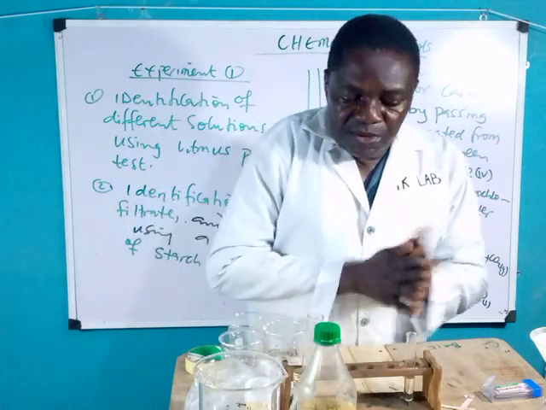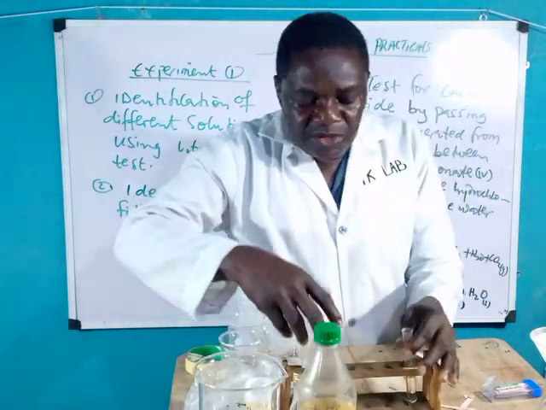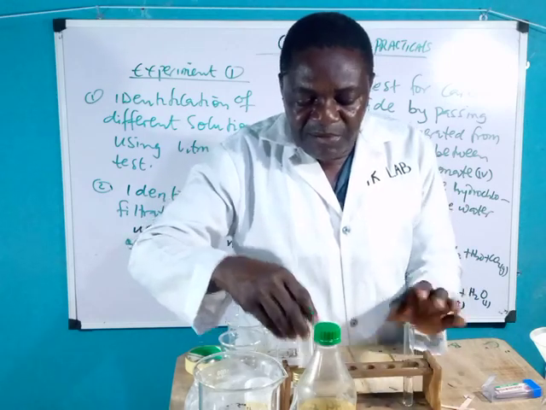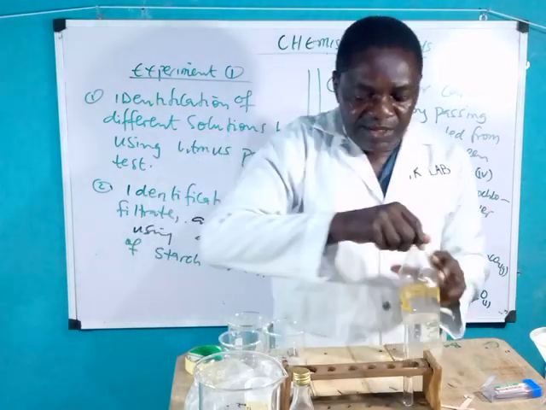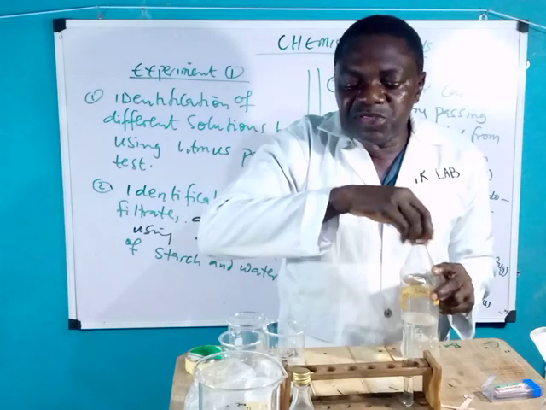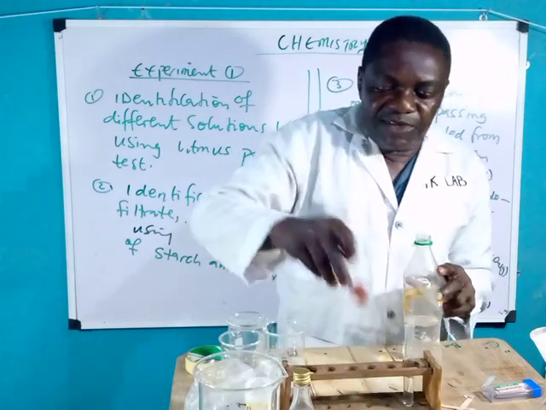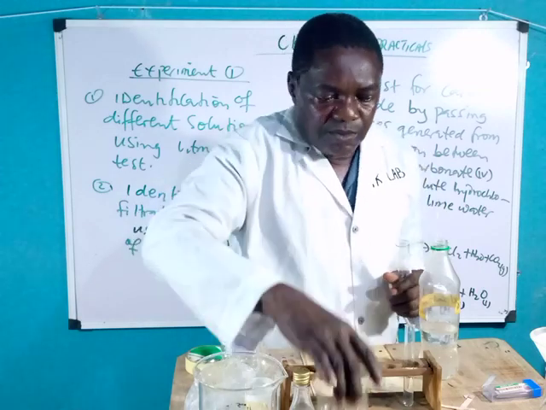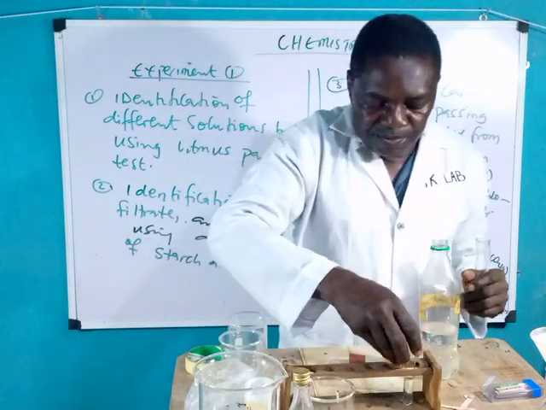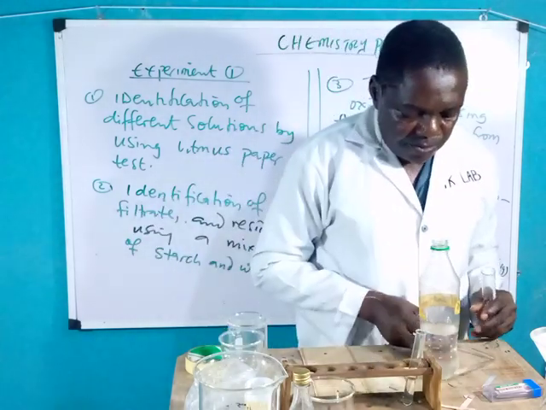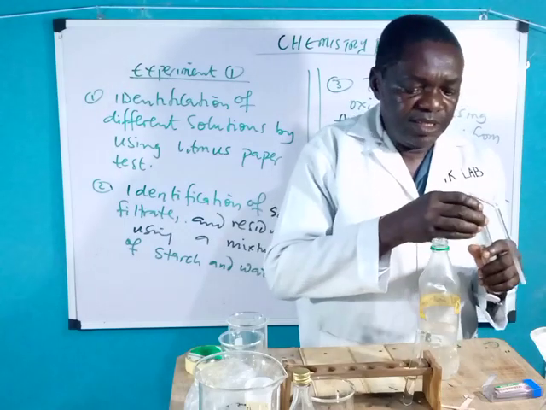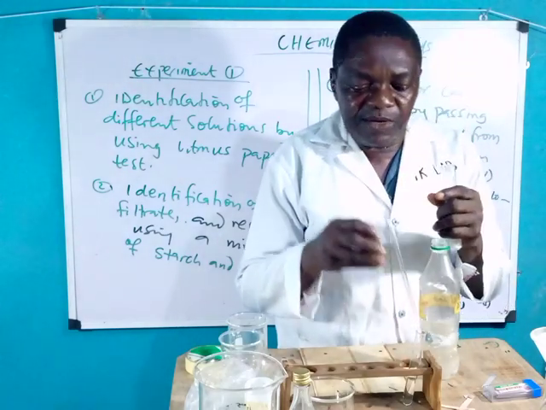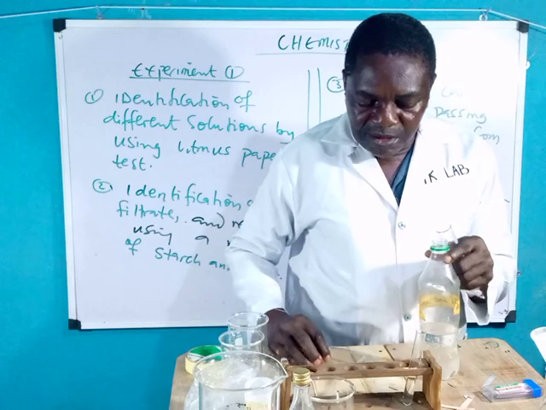So we are going to try and be a bit fast. By the time we add the acid into it, we quickly insert the delivery tube. Just watch it. We cover the mouth with it so that the only outlet is this, and we insert it into this gas.